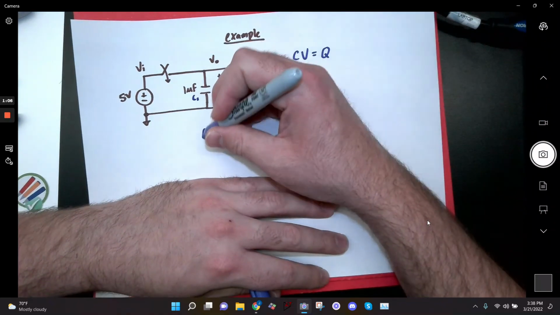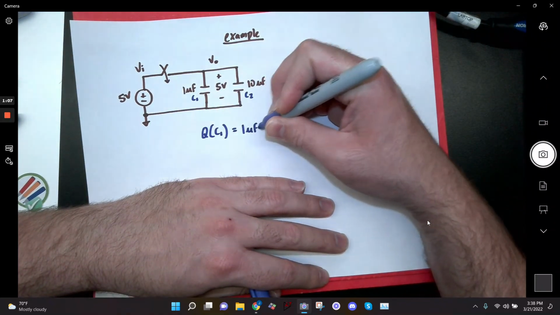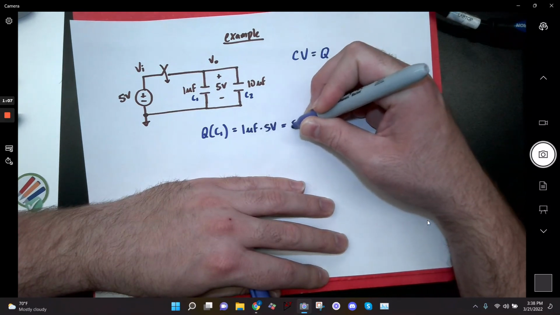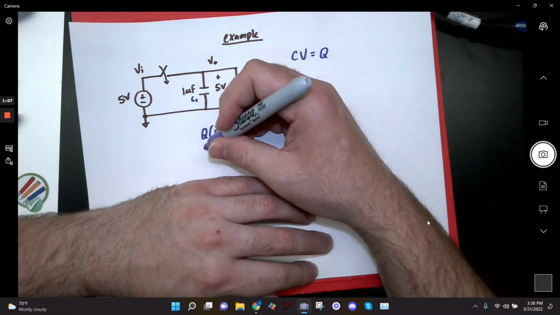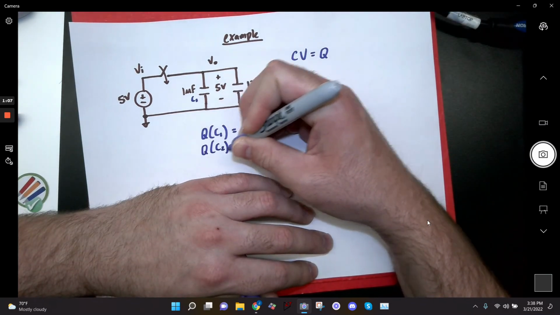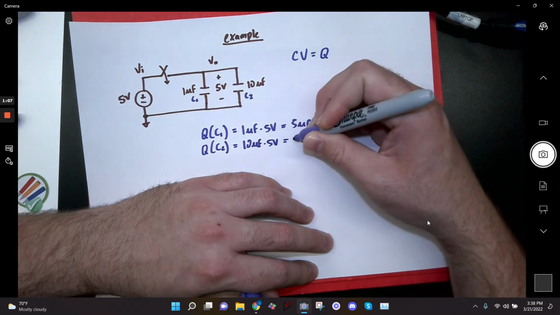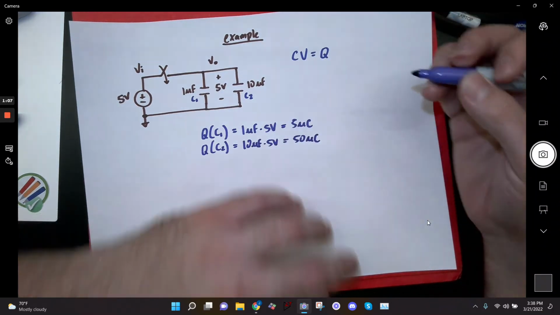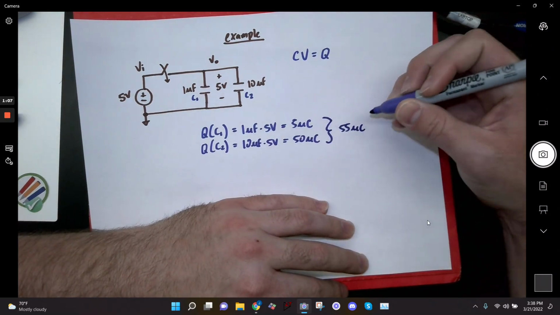So Q of C1 is going to be 1 microfarad times 5 volts, 5 microcoulombs. And then Q of C2 is equal to 10 microfarads times 5 volts, or 50 microcoulombs. So the total charge stored in the circuit would be 55 microcoulombs.